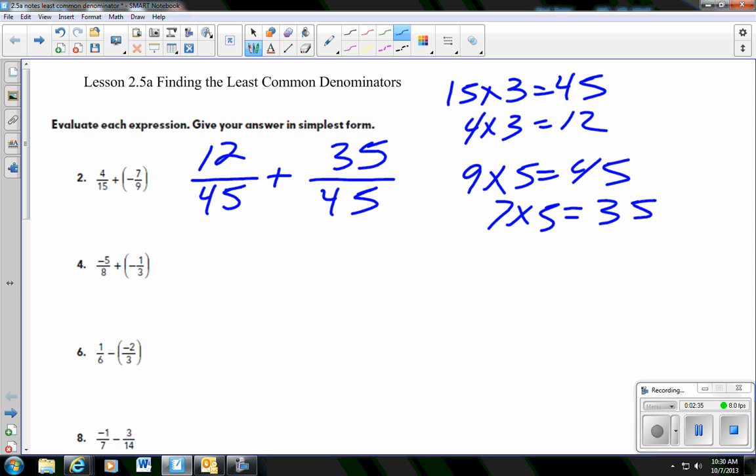And then it's negative 7/9, so we want that negative sign up there with the 35. Okay? From there, you would go ahead and do your adding or subtracting with those numbers. But again, we're just working on least common denominator right now.